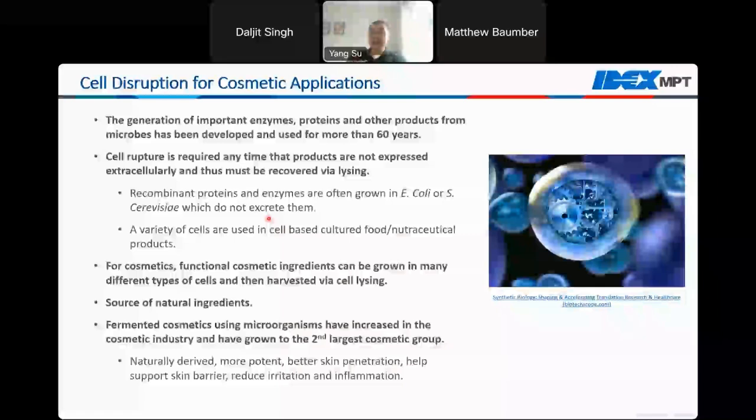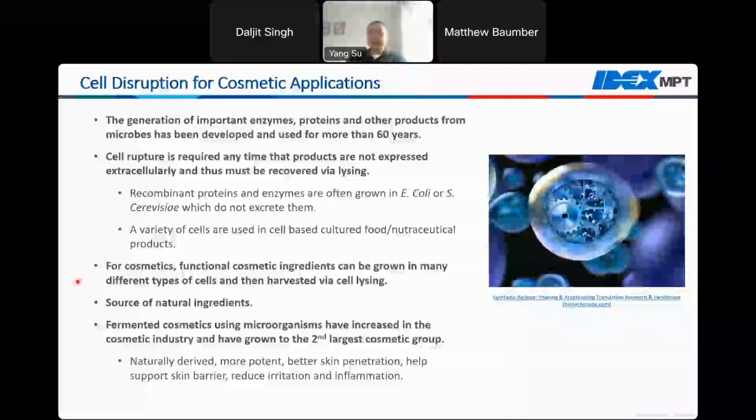So in that case, the product of interest is encapsulated or captured inside the cell, and you need to rupture the cell, either to help release the intracellular content, or if it's something such as a membrane protein, you have to rupture the cells and collect the cell membrane debris and do further extraction and purification of your product.